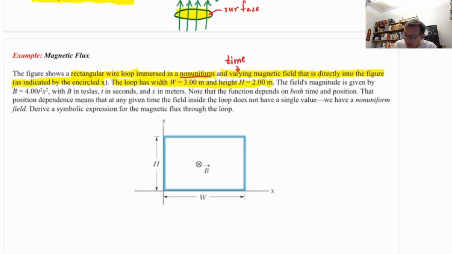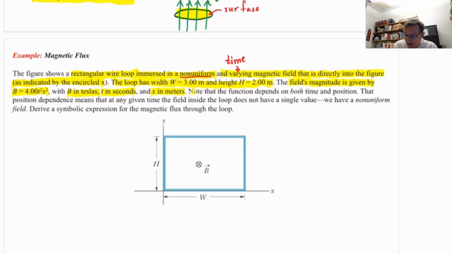And here comes the magnetic field's magnitude. B equals 4 t squared x squared, with B in teslas, t in seconds, and x in meters.